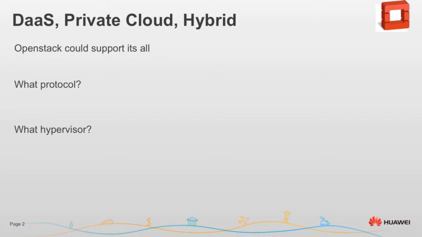The first question people typically ask when you have a VDI solution is, what kind of protocol are you going to use? So I think in the OpenStack open environment, we should support all the protocols. We should have an open source solution that lets the vendor plug in.